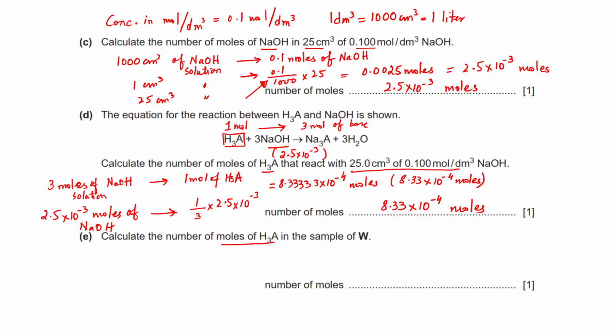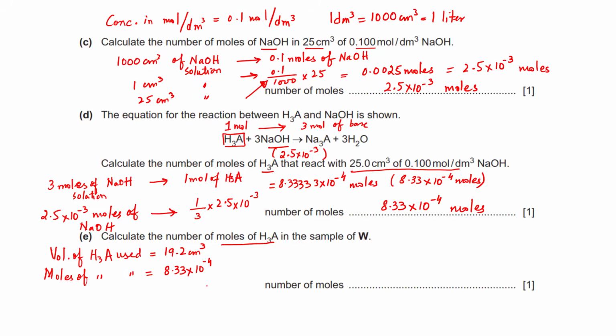So now, calculate the number of moles. We have actually calculated the number of moles of H3A that will react with this concentration. Also remember, the volume of H3A used, which we have seen earlier, was 19.2 centimeter cube. Moles of H3A used for neutralizing NaOH are 8.33 times 10 to the power minus 4.